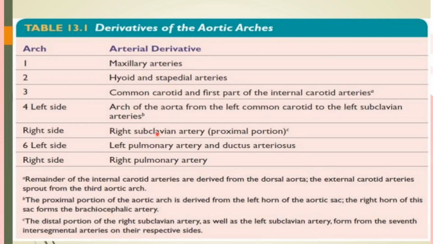Now a table just to repeat. First aortic arch derivative: maxillary artery; second: hyoid and stapedial; third: common carotid and first part of internal carotid; fourth arch on the left side: part of arch of aorta; fourth on the right side: proximal part of the right subclavian; sixth on the left side: left pulmonary artery and ductus arteriosus; sixth on the right side: right pulmonary artery.